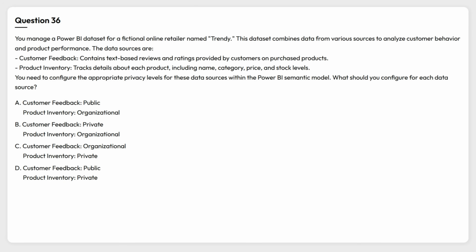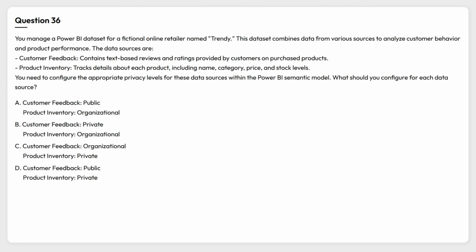Question number 36. You manage a Power BI dataset for a fictional online retailer named Trendy. This dataset combines data from various sources to analyze customer behavior and product performance.